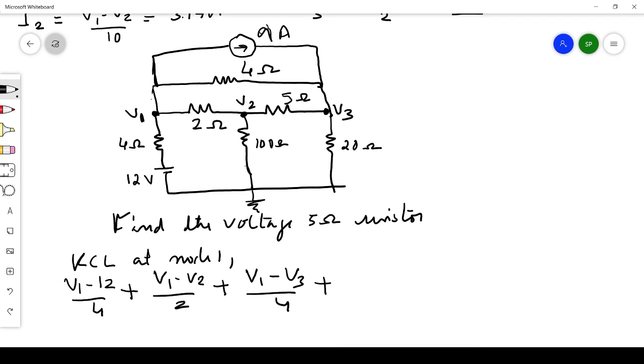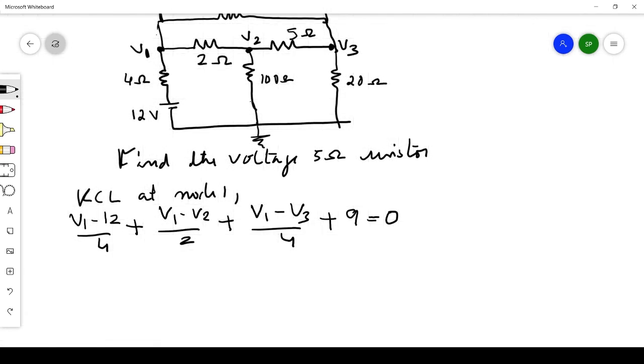We assume that all the currents are moving away from the node, so we can add it. So 9 is equal to 0. Now we got the equation for the first node, and when you simplify this, you get V1 minus 0.5 V2 minus 0.25 V3 is equal to minus 6. This is our equation number 1.